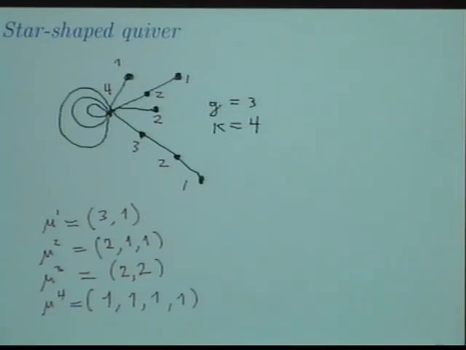Basically, these are the partitions, the differences between one and the next. So I'm just giving you a bit of a recipe: given the data that define this character variety, there's an associated quiver with a given associated dimension vector.